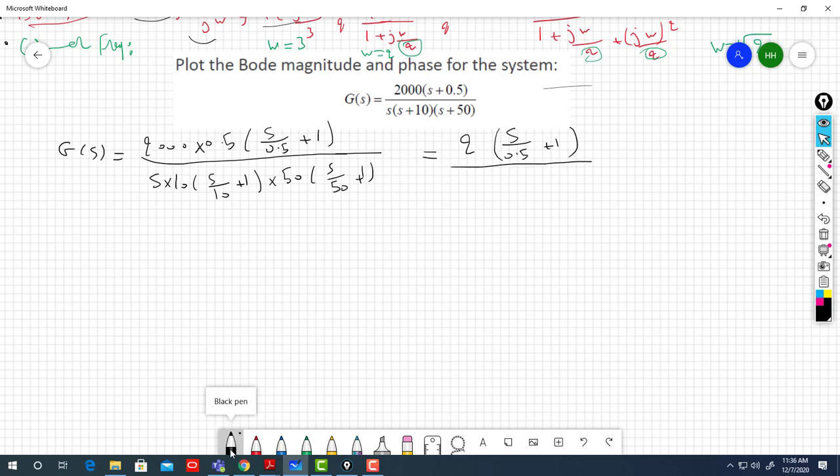So this is the standard form then, with s over 10 plus 1 and s over 50 plus 1. Now you are in the standard form. This is the first step you need to do. Then replace s by j omega. s is j omega, don't forget. The second step you need to do is to find the Bode form.